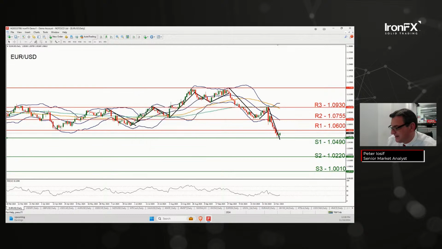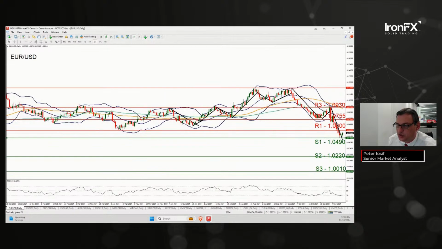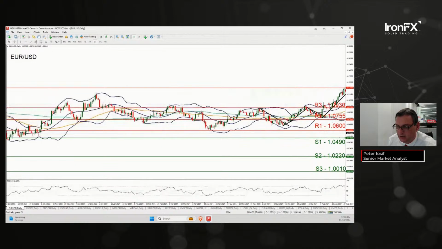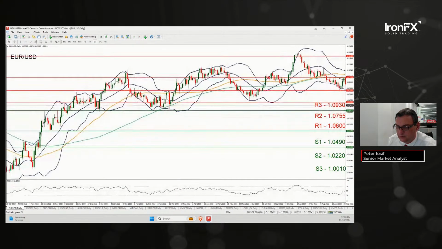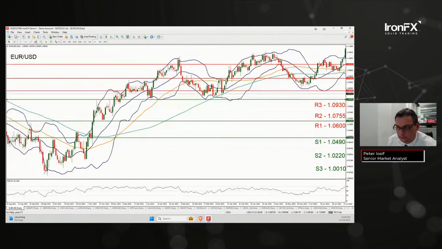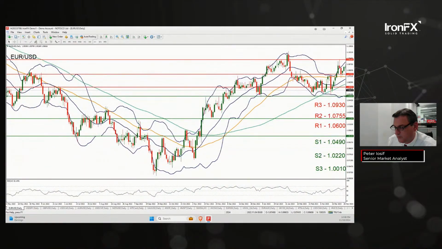Now let's go back and also have a look at the S2 and the S3. Unlocking the chart, going further back. We have a resistance line here, and it's also a support line.